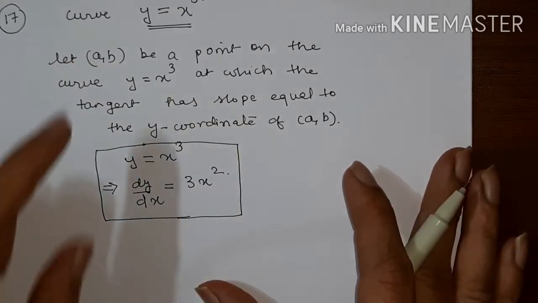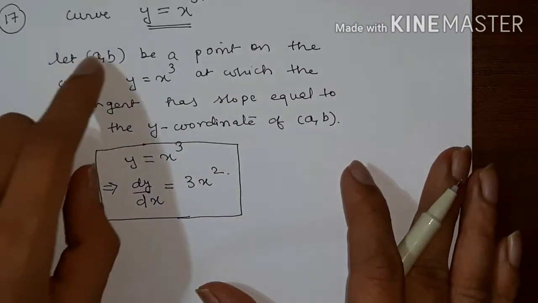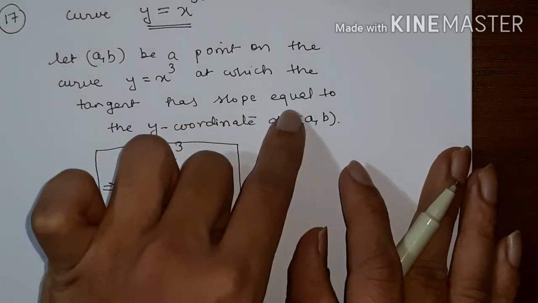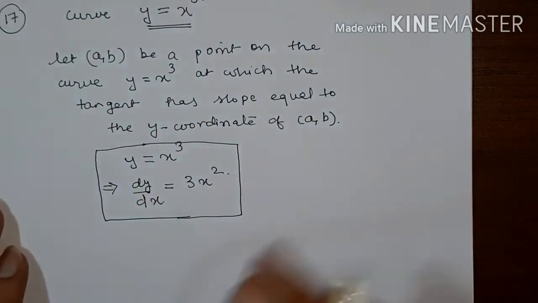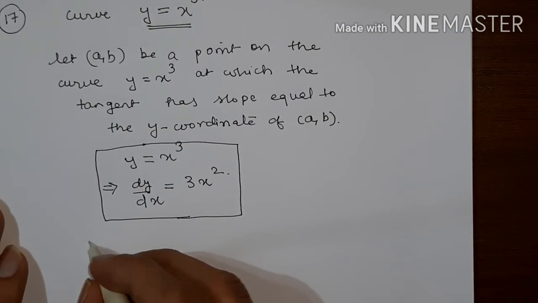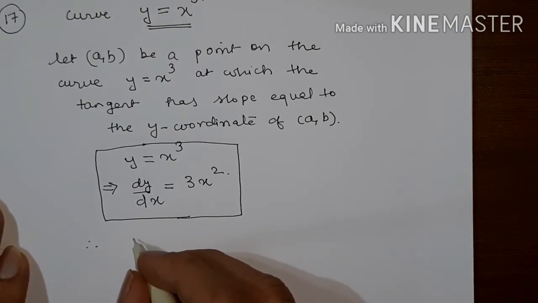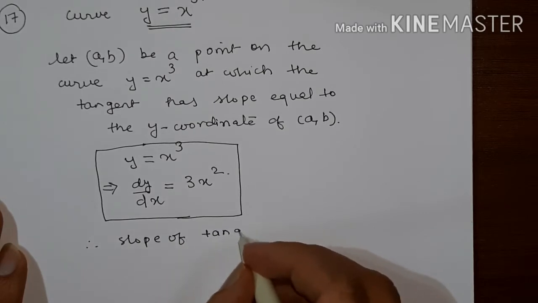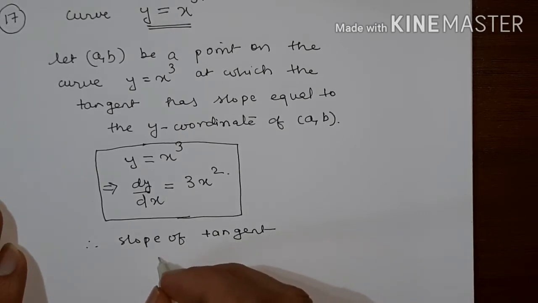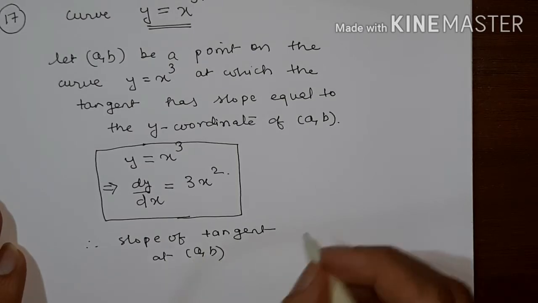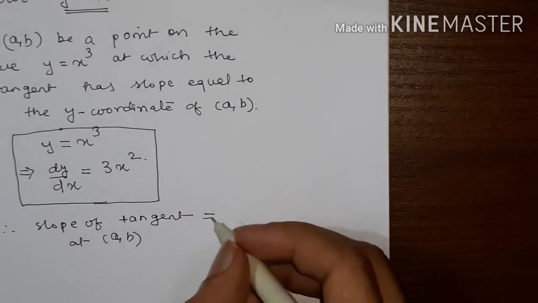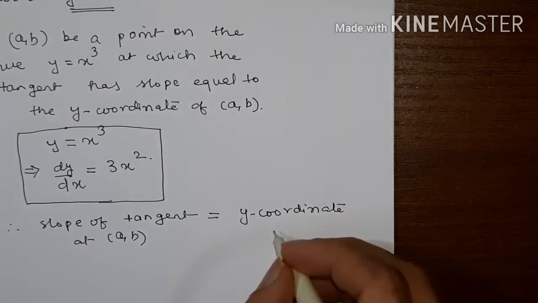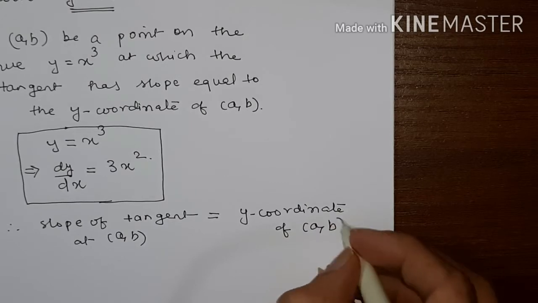Now what is the condition we are given? Let a comma b be a point on the curve y equal to x cube at which the tangent has slope equal to the y coordinate of a comma b. So we take that condition. The slope of the tangent at a comma b is equal to the y coordinate of a comma b.